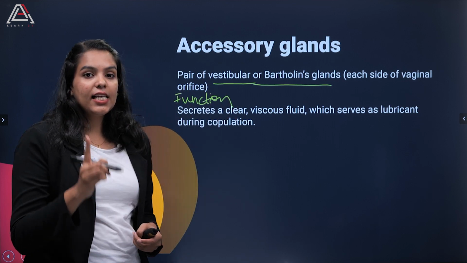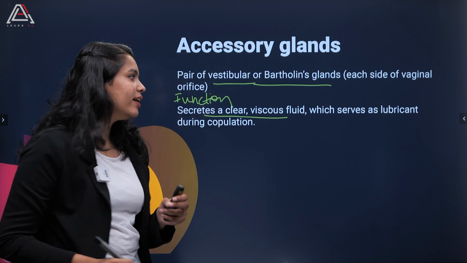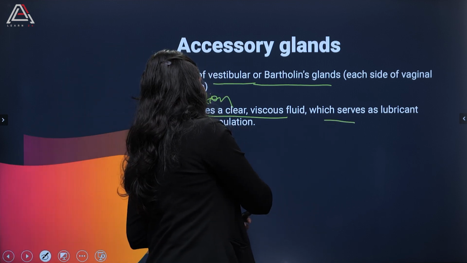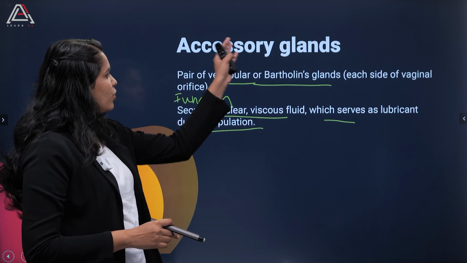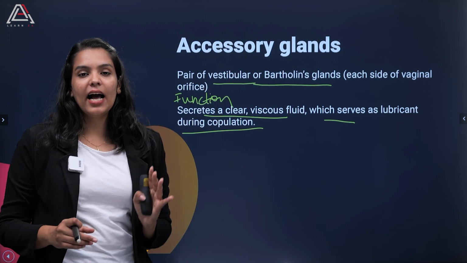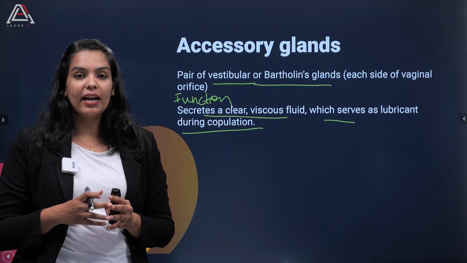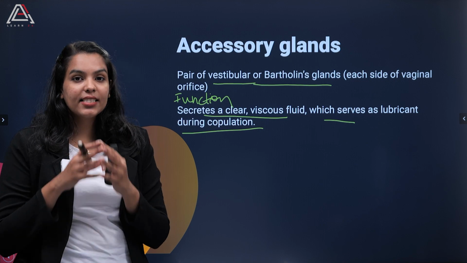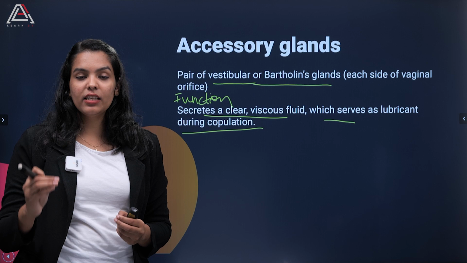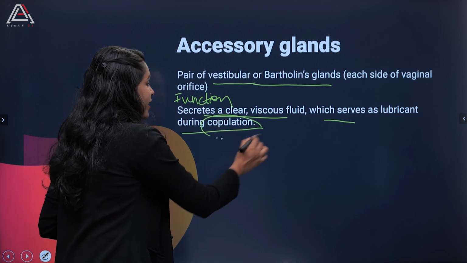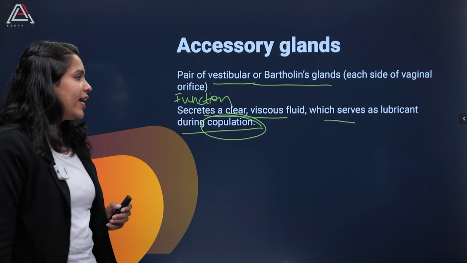This gland basically secretes a clear viscous fluid which serves as a lubricant during copulation. Okay, so this accessory gland, the Bartholin's gland or the vestibular gland, basically secretes a viscous fluid which will act as a lubricant during copulation. Okay, so it's a really major gland, right?